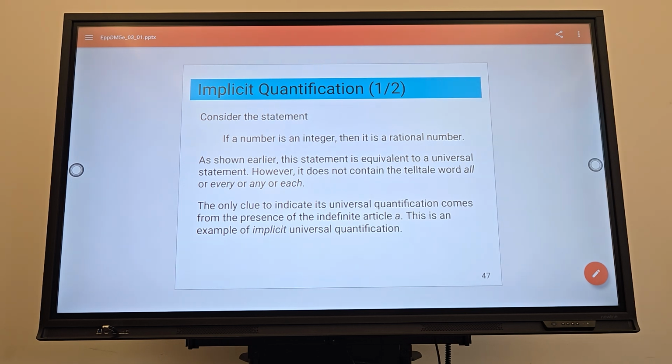The only clue to indicate its universal quantification comes from the presence of the indefinite article a. This is an example of implicit universal quantification.